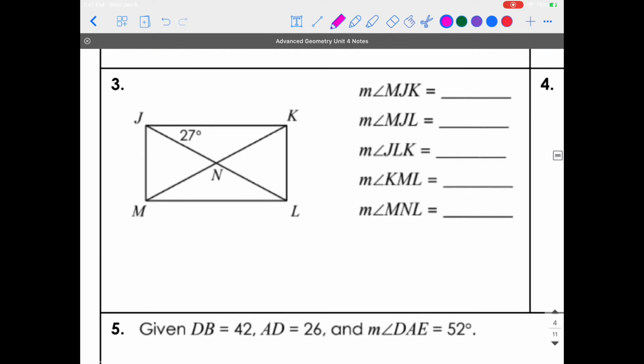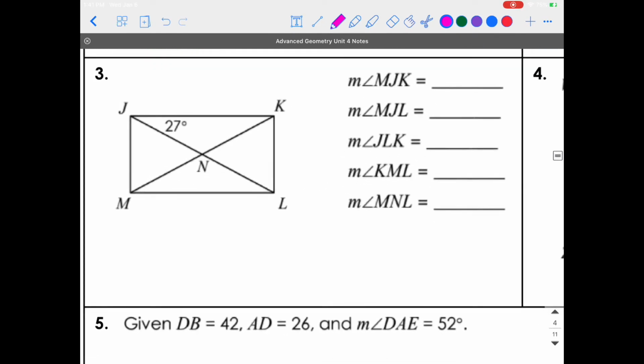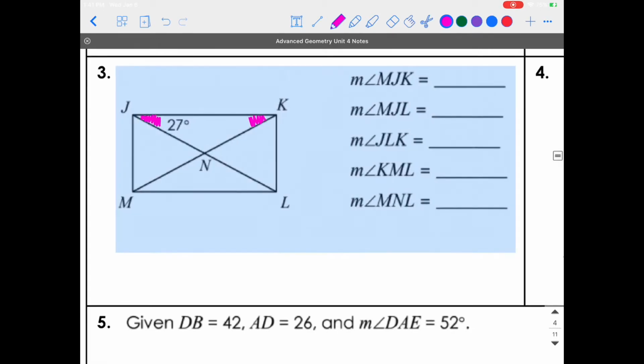Number 3. Let's go ahead and fill out everything. If we think back to my first picture, which angles were the same, we can color those in.